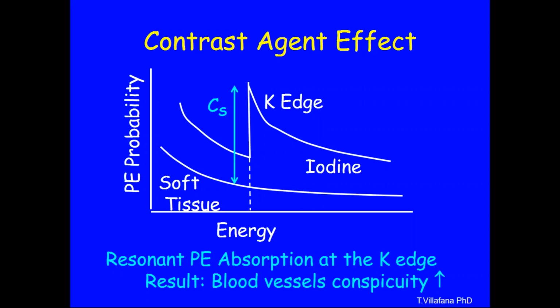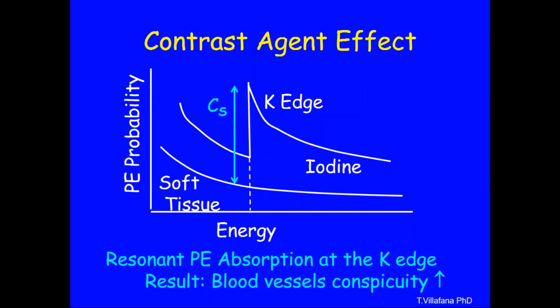Why not use something else? We want to make sure that the K-edge falls where most of the photons are in your X-ray beam. Remember the typical X-ray energies we use are in the 30s and 40s. And so the reason we use iodine with its 33 is that it's right in the middle of where most of our X-ray photon energies are, so that you have more photons with the appropriate energy to produce this contrast effect.